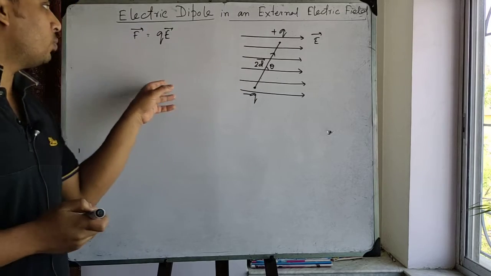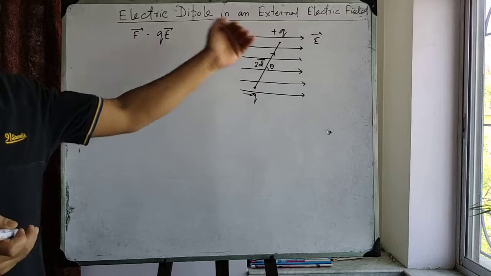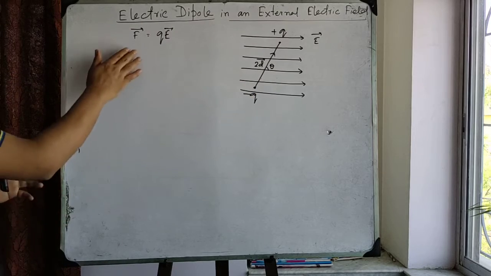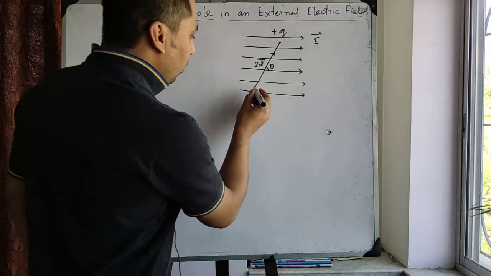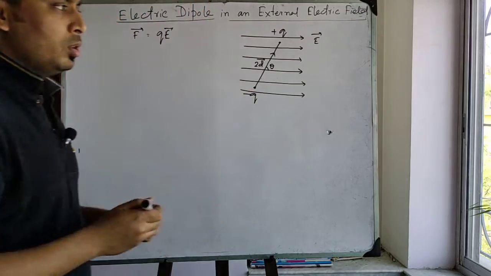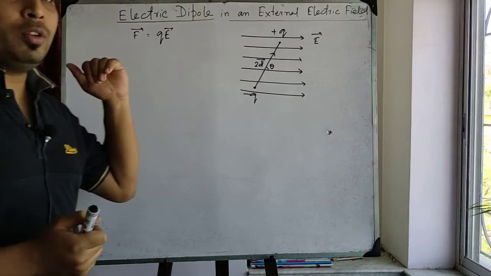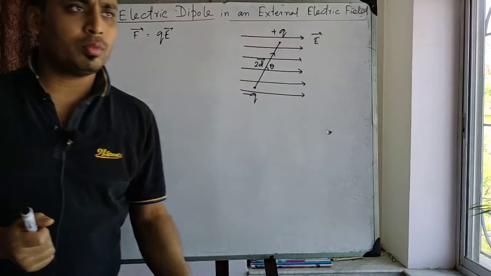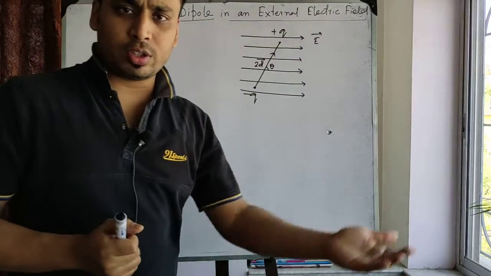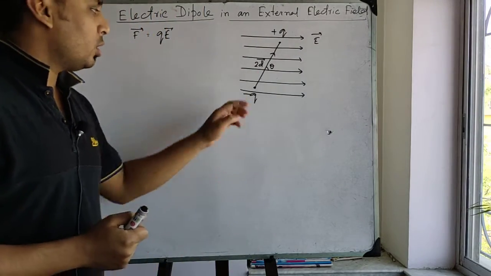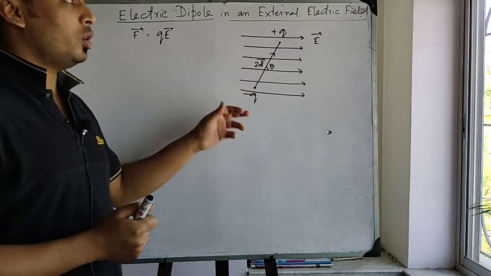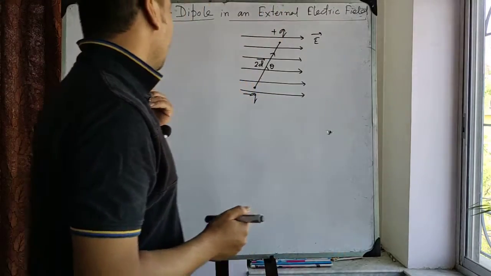Is it clear? The electric field will push a positive charge along its direction, and it will exert a force on the negative charge opposite to the field direction.